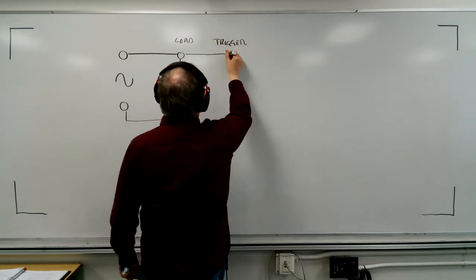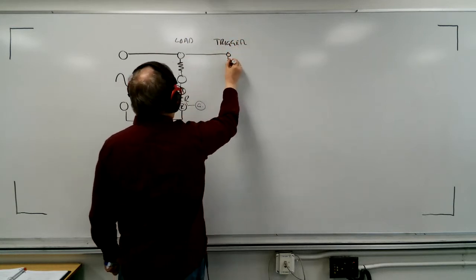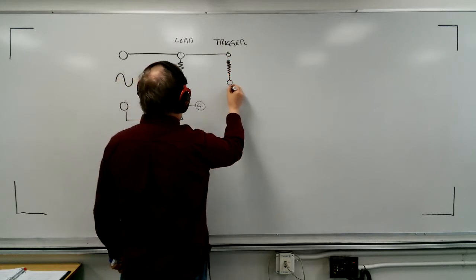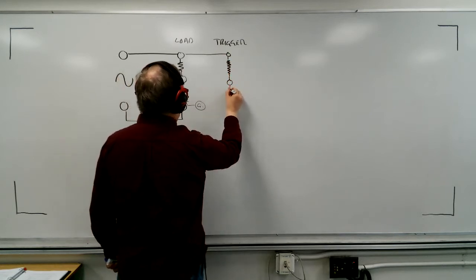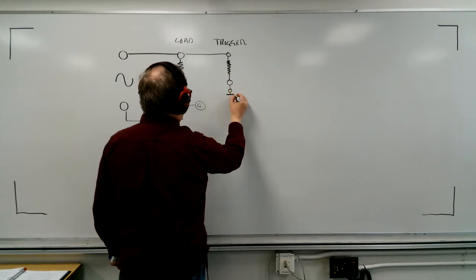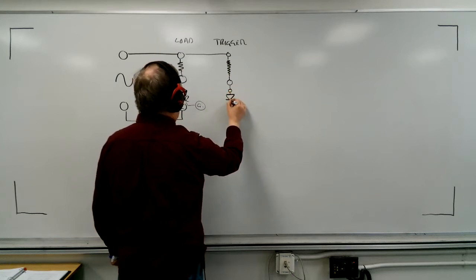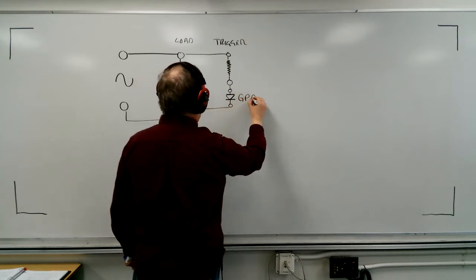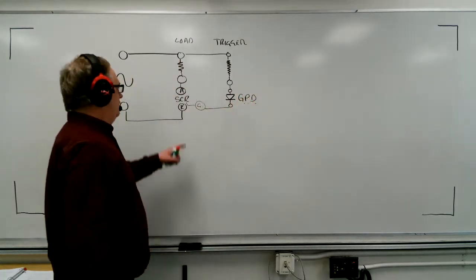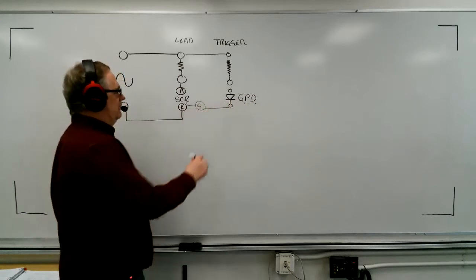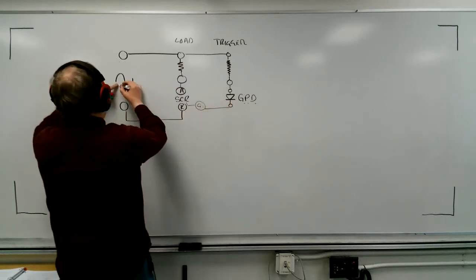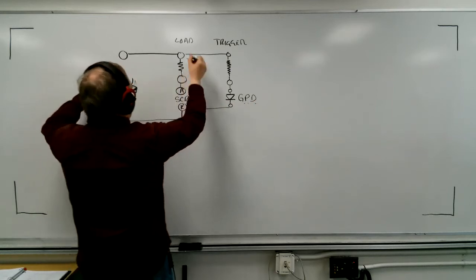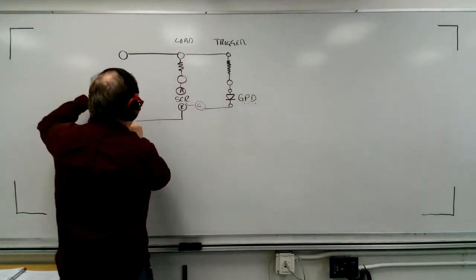The main components of the trigger circuit were a resistance, and then a diode, the gate protection diode. The purpose of this diode is to prevent problems when the AC comes into the negative part of the alternation and starts to push back from this side.